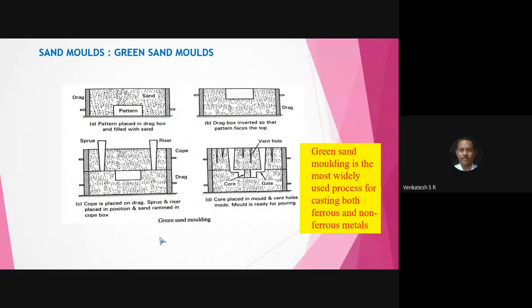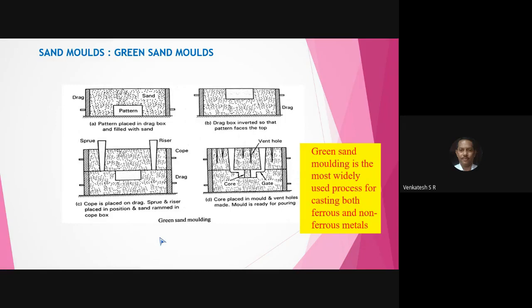Again, green sand molds. All of you write down green sand molds. This is simple, easy, and you can produce the casting economically. Remember, you can produce the casting economically.